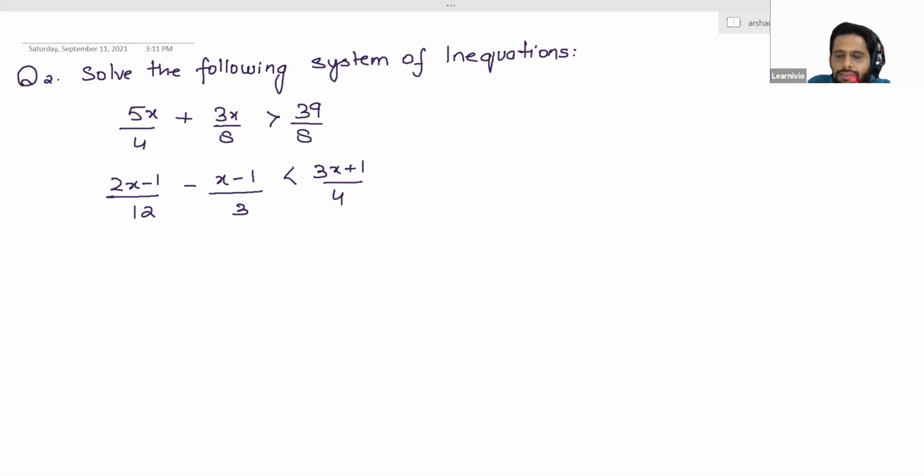Rishan, the second should be x is greater than 0. Will you please check the answer? The second also should be x is greater than 0. Okay, Rishan, not an issue. Then please draw the number line and now tell me the final solution.